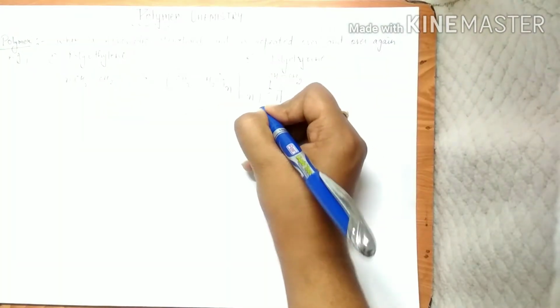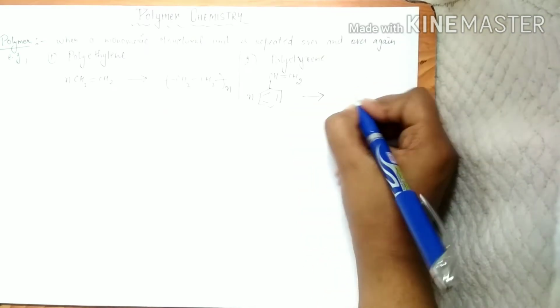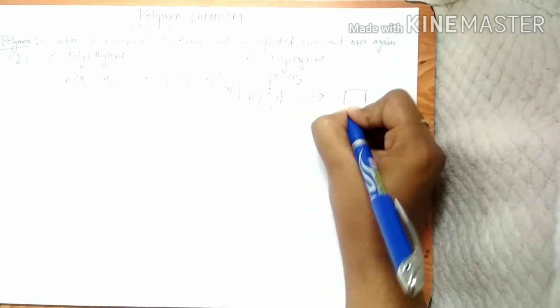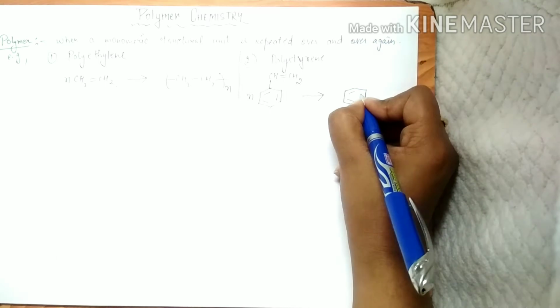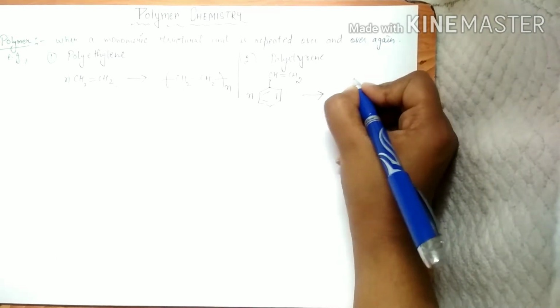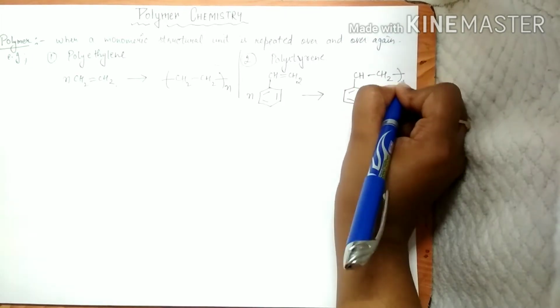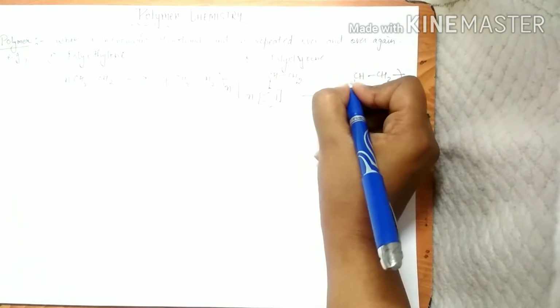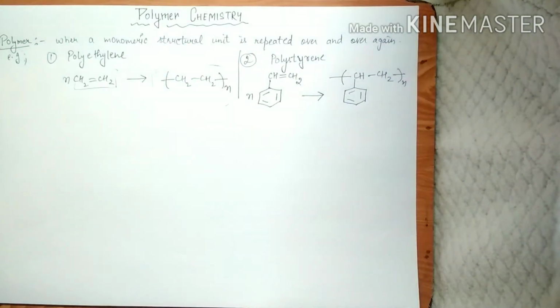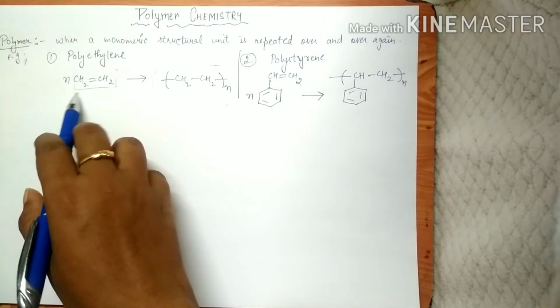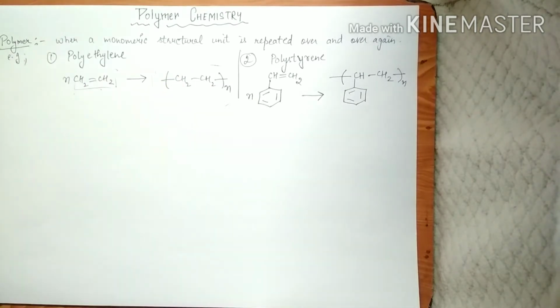When n number of monomeric units of styrene combine, like this, it leads to the formation of polystyrene. So monomeric units combine to form polymer.